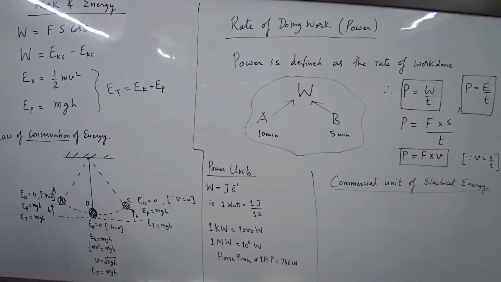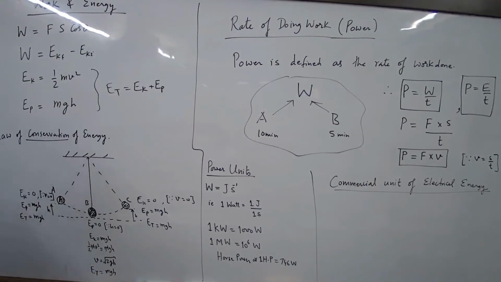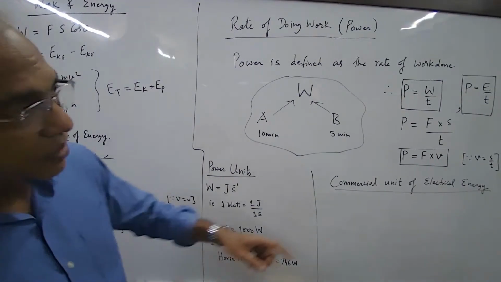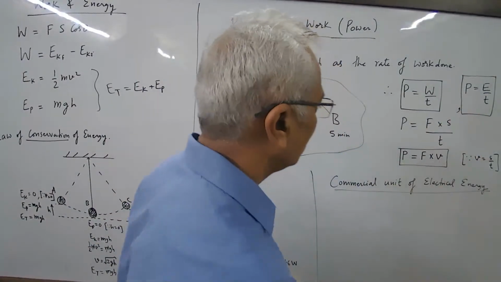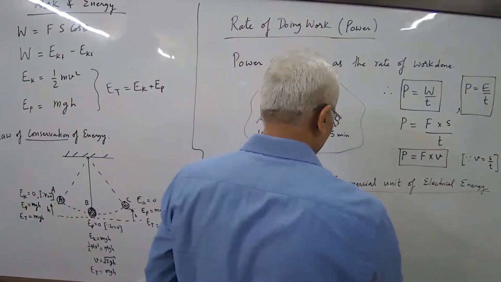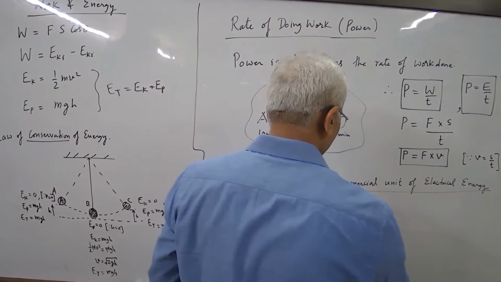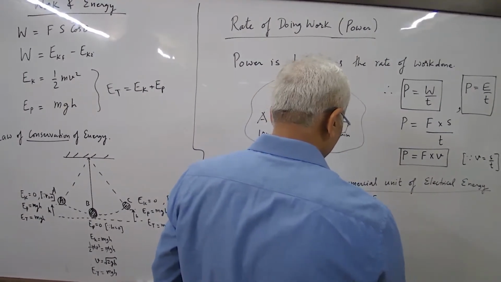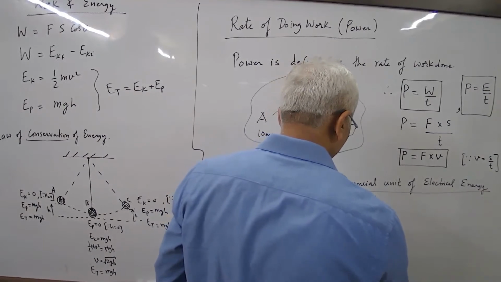So now we really come to the last part, which is electrical or commercial unit of electrical energy. So from here, what can be energy in terms of power? Since P is equal to E by T, this gives energy is equal to power into time.